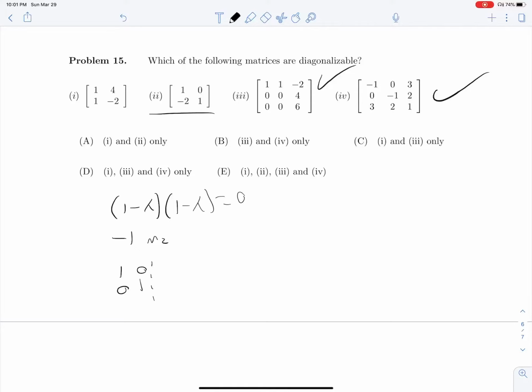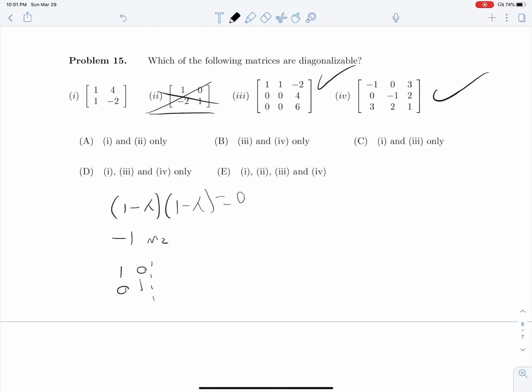We would need 2 free variables here because we only have 1 eigenvalue to make our eigenspace two-dimensional. By having a two-dimensional eigenspace, we would have n linearly independent eigenvectors, which would make this diagonalizable, but we don't, so this is no good.